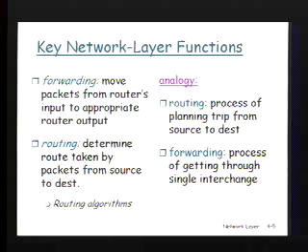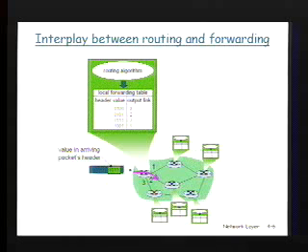So routing is the process of choosing the right path, and forwarding is actually implementing sending those packets on the right path. The interplay between routing and forwarding is explained in this slide. You have routers here that are connected in some sort of topology. A packet arrives with a particular header.